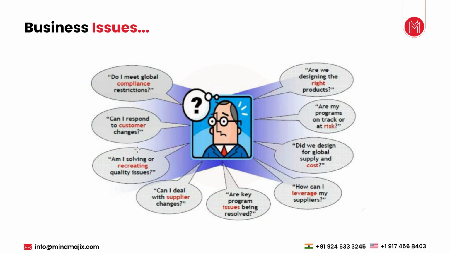This question is regarding product governance and compliance. Can I respond to customer changes? This is a quality related issue, right? And this is also a quality related issue. This is supplier collaboration, right? Are any program issues being resolved? This is change related. How can I leverage my supplier? This is again supplier collaboration. Did we design for global supply and cost? This is a cost related module, right?